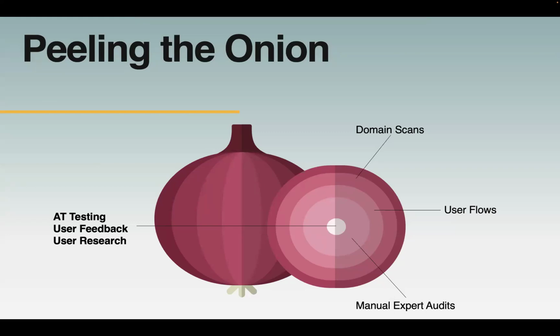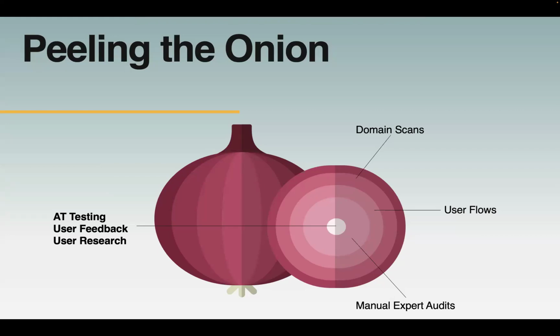So again, hotel website, you want them to be able to book. Shopping website, you want them to be able to add items to their cart, pay for them, buy them, essentially. So you might prioritize those things at the very start if you're starting out an accessibility program, to make sure that those flows are key.